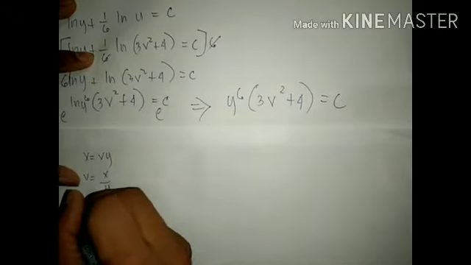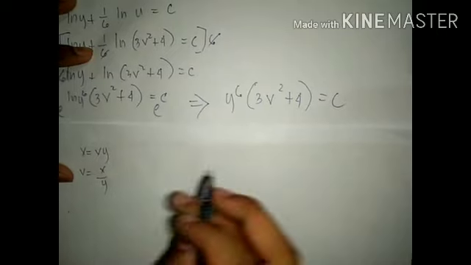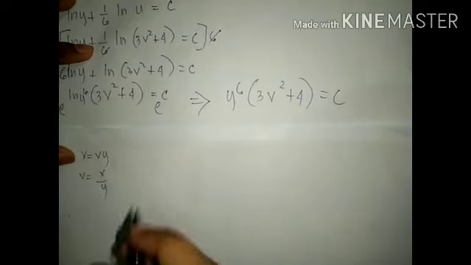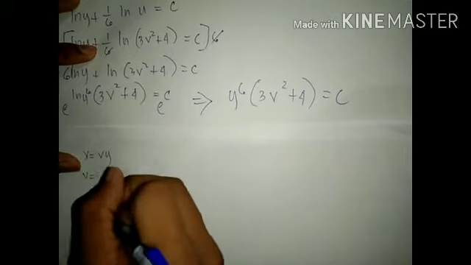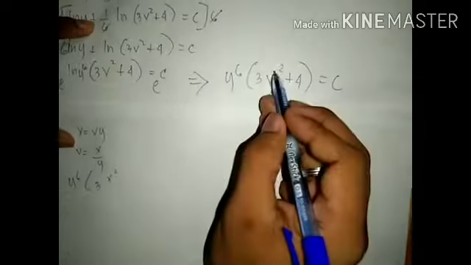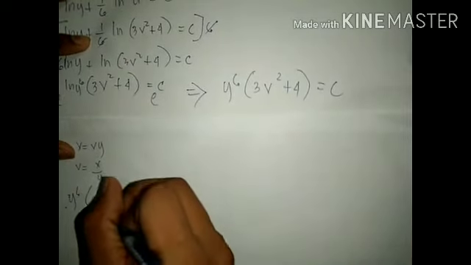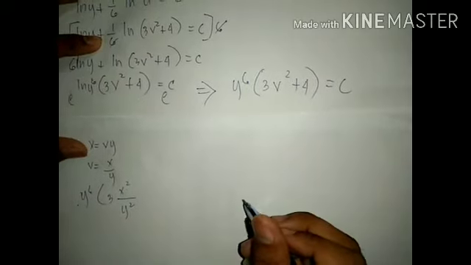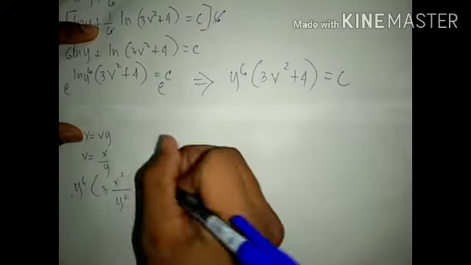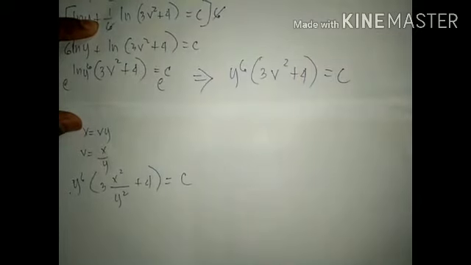Then atong i-substitute na to y over 6. 3 ang v na to x squared, mati ang v over y squared plus 4 is equals to c.